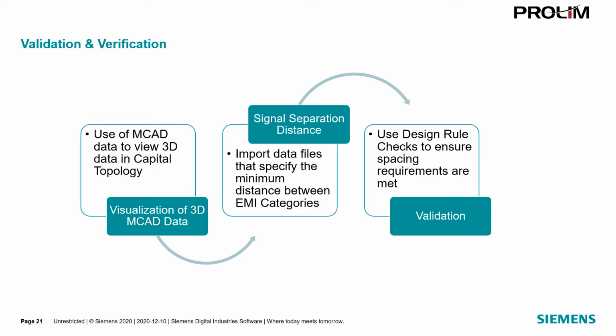Next, we're going to import a signal separation data file where we're just going to simply specify the minimum distances that we would like to see between different EMI categories. And then lastly, we will use a built-in design rule check to ensure that those spacing requirements are met. So let's go ahead and get into that demo.